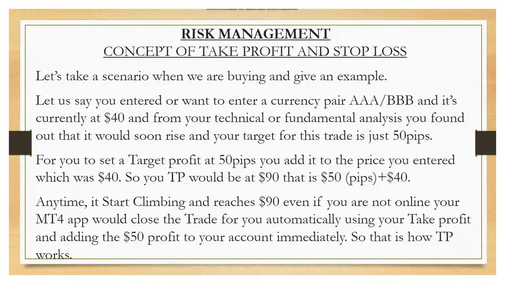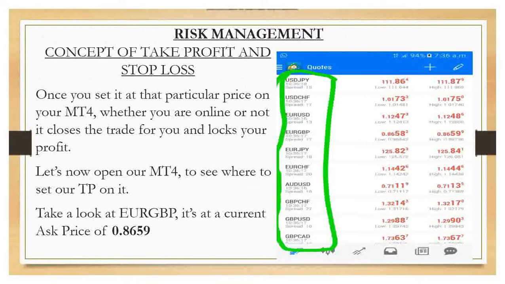Anytime it starts climbing and reaches $90, even if you are not online, your MT4 app would close the trade for you automatically using your take profit and add the $50 profit to your account immediately. So that is how take profit works.